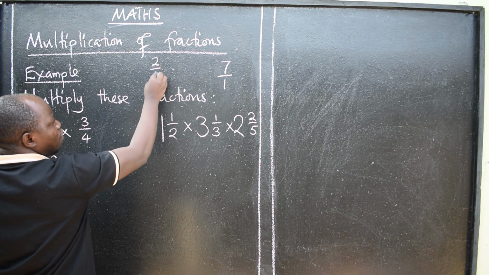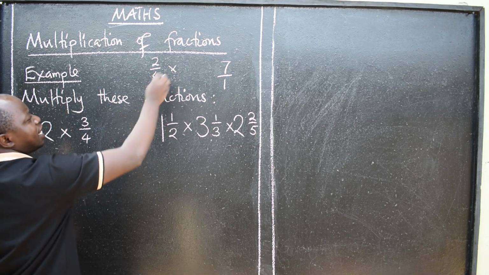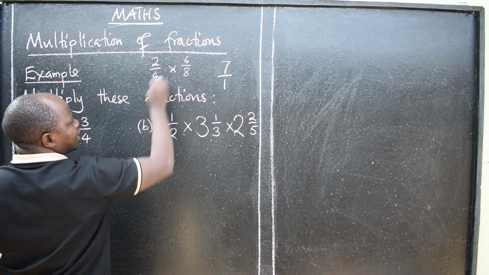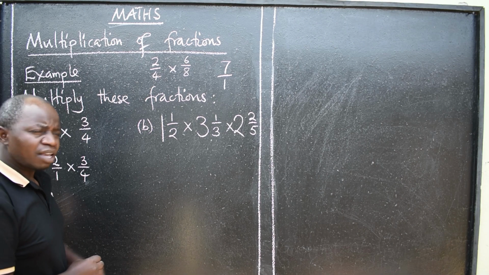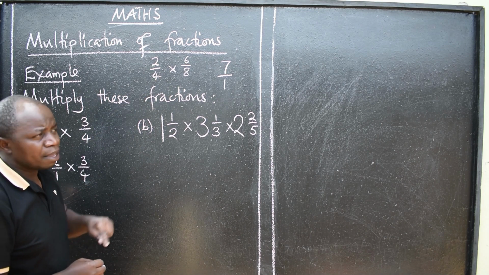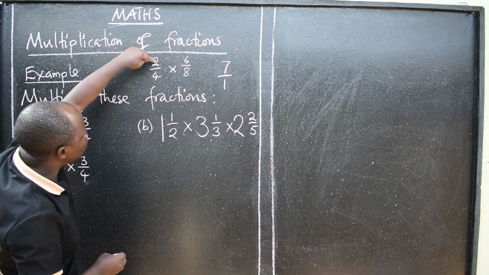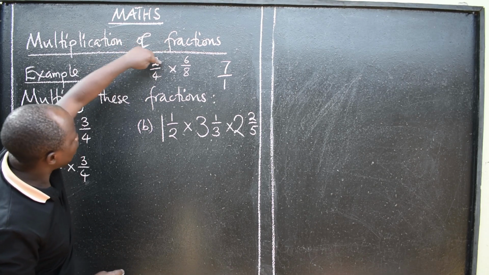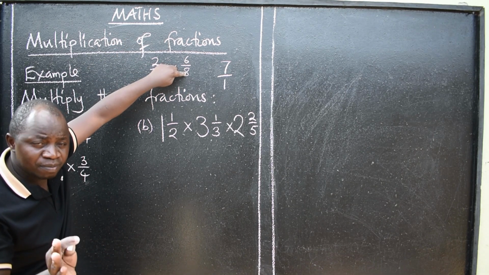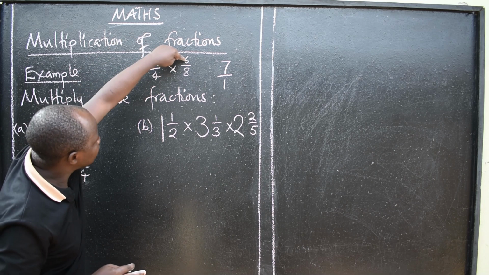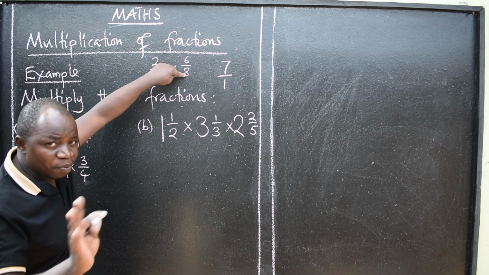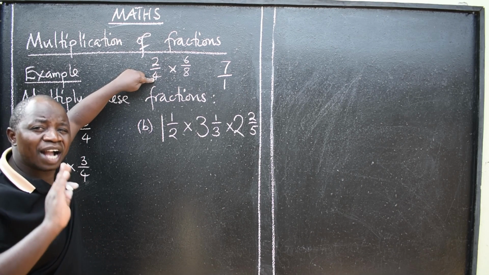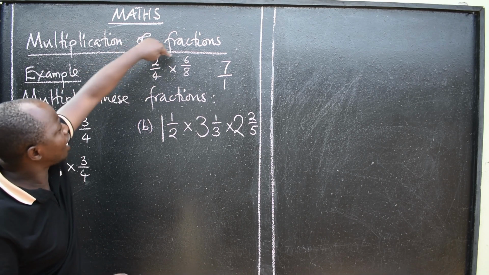I'll give you another example: 2 over 4 times, let's say, 6 over 8. What can you reduce here? You can reduce this 2 and the 4, there's no problem. You can reduce this 2 and the 8, no problem. You can reduce this 6 and 8, no problem. 6 and 4, no problem. But you can't reduce 2 and 6.